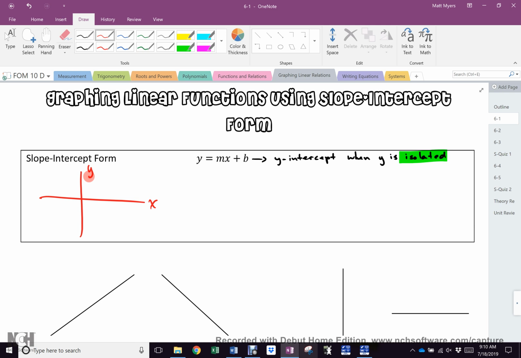Anyway, so we all know what y and x are. What's the only letter here we haven't talked about? M. M is the slope. We have already seen slope. Slope is a rate of change.